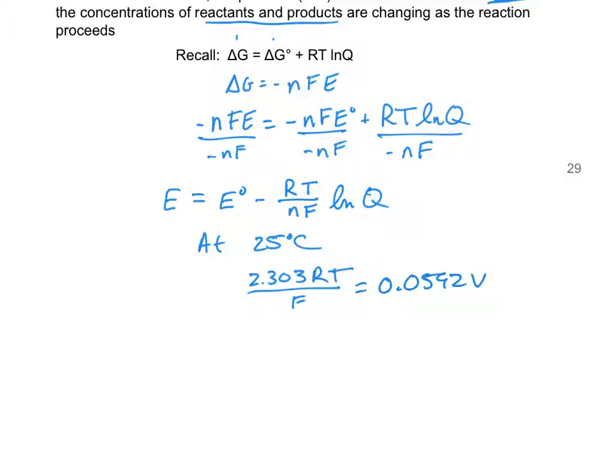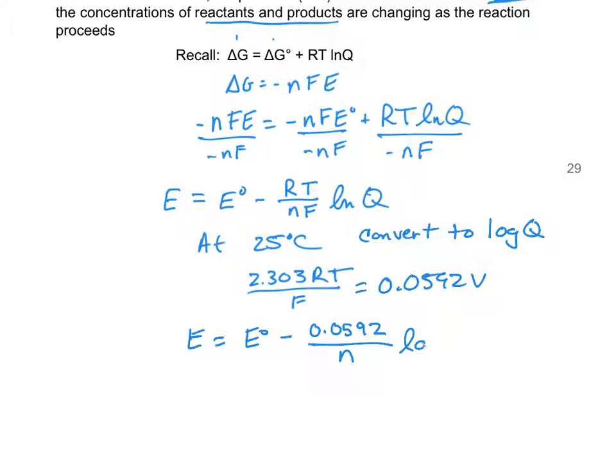So we can substitute that into this equation and convert to log base 10 of Q: E is equal to E naught minus 0.0592 over n times the log of Q.